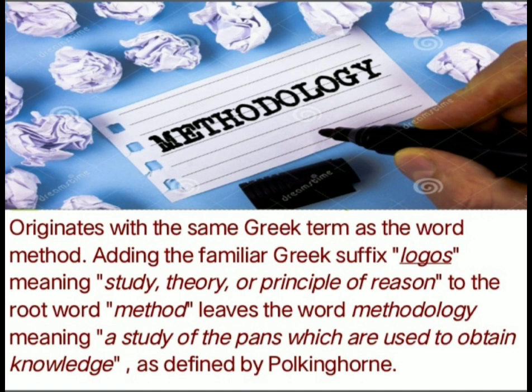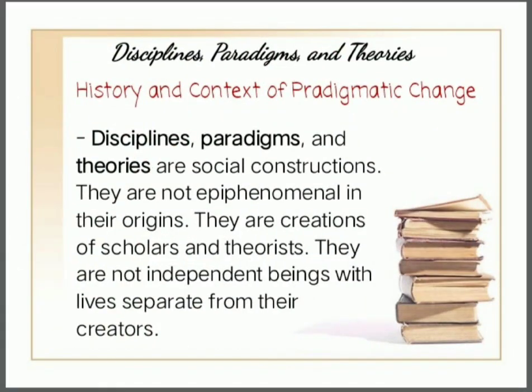Adding the familiar Greek suffix logos, meaning study, theory, or principle of reason, to the root word method leaves the word methodology, meaning a study of the plans which are used to obtain knowledge, as defined by Polkinghorne.